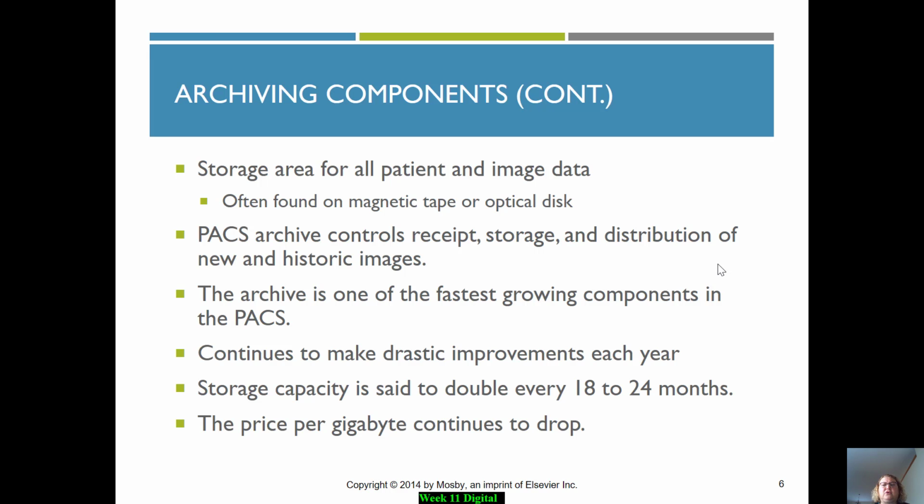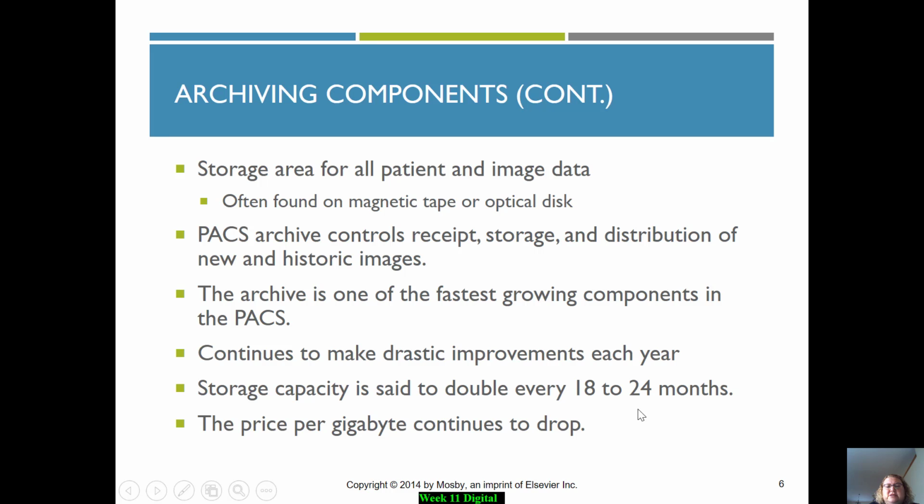They could go through somebody like Radiology Information Systems, RIS, and they would store those documents for them. So there are some outside companies that you could hire to store your documents. Your storage capacity will probably double every 18 to 24 months because they tie up a lot of gigabytes.